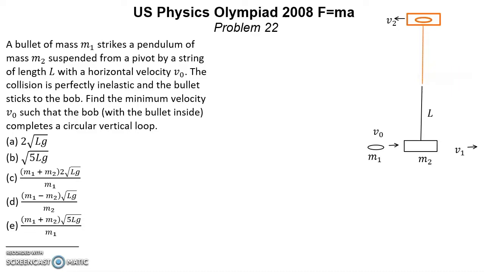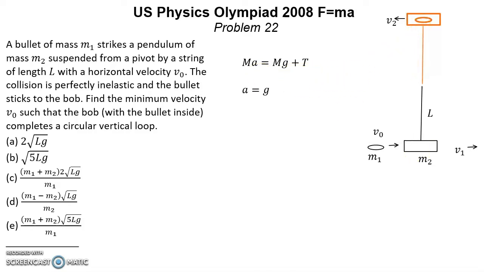So we can write the equation for this motion at the top. We have ma equal to mg plus tension, where m is the total mass of bob and bullet. In the critical scenario, tension must be equal to 0. It means that the acceleration at the highest point is g.